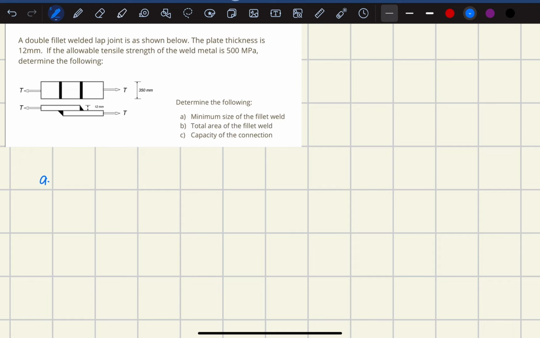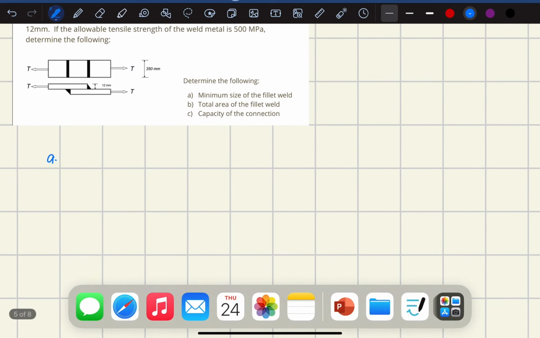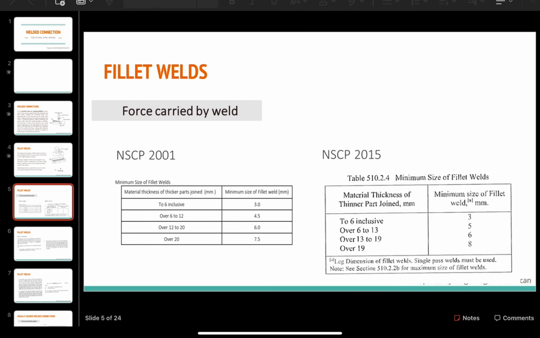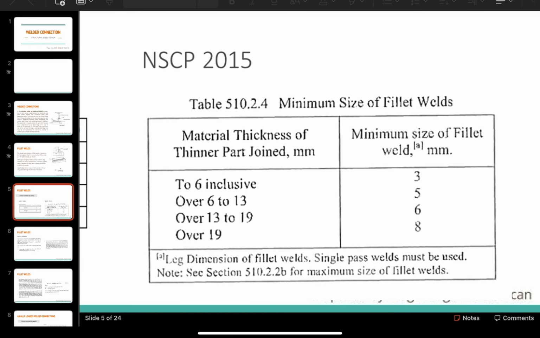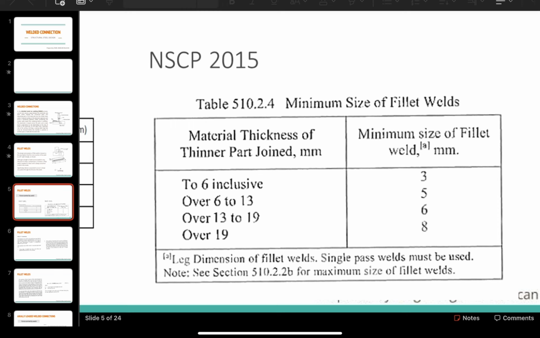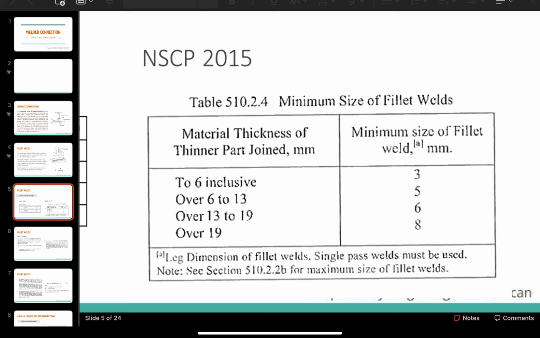We can refer to the table from NSCP to identify the minimum size of fillet weld. As per the given, the base plate is 12 mm, so it falls under the over 6 to 13 mm material thickness.